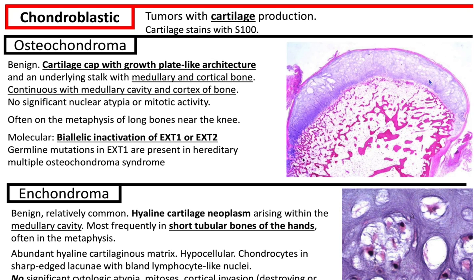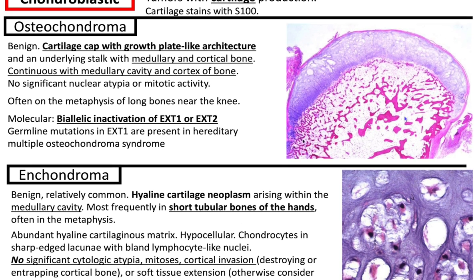They have an underlying stalk with medullary and cortical bone, and it's continuous with the medullary cavity and the cortex of bone. You shouldn't see any significant nuclear atypia nor mitotic activity, and it's often on the metaphysis of long bones near the knee, and you'll have a biallelic inactivation of EXT1 or EXT2.